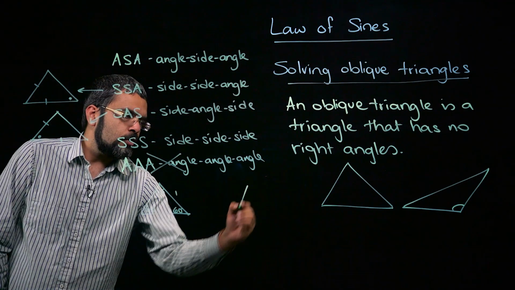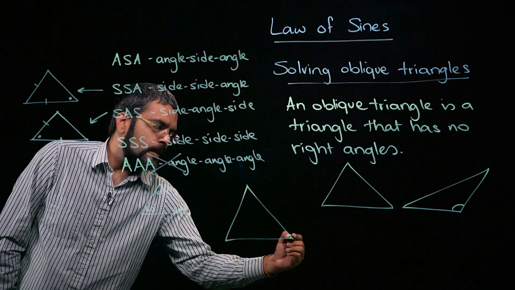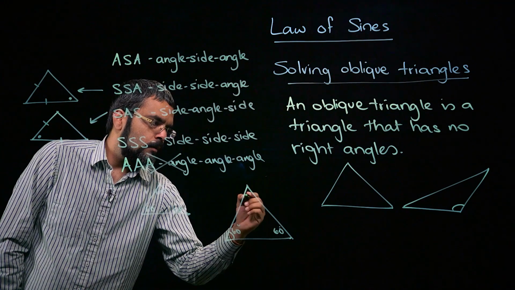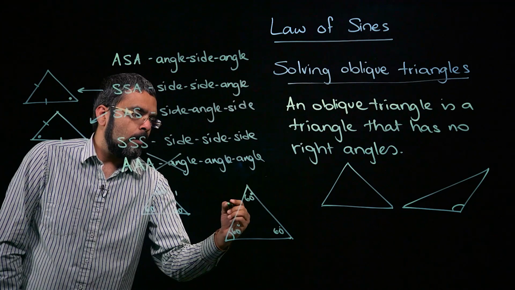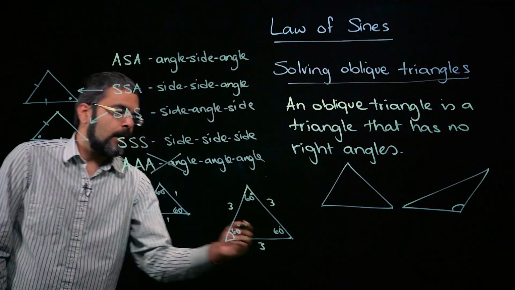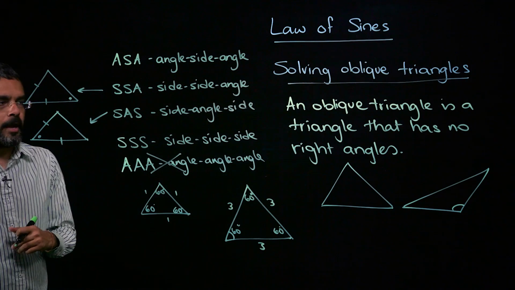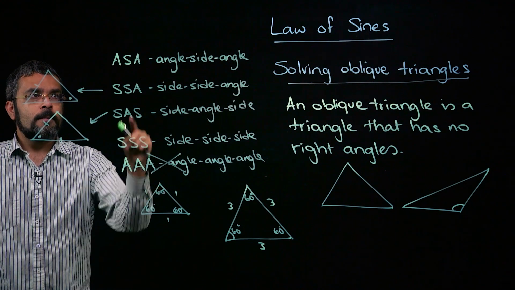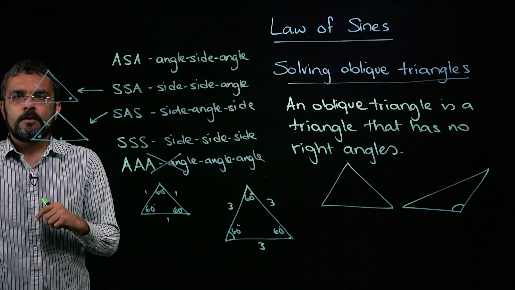But I could have the same triangle, just a bigger one, where all angles are 60 degrees, but all my side lengths are, say, 3. And obviously I get two different triangles. So I cannot solve a triangle if I'm given all three angles. But if I'm given any of these, I can solve a triangle.